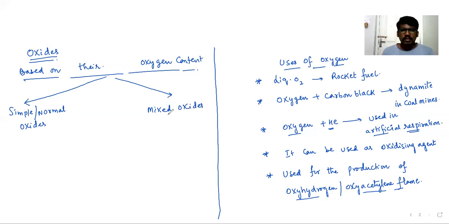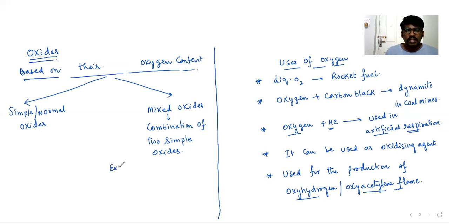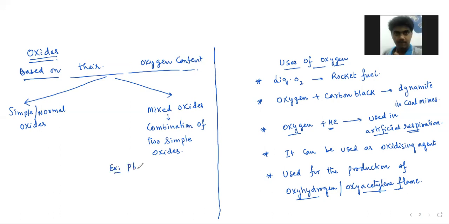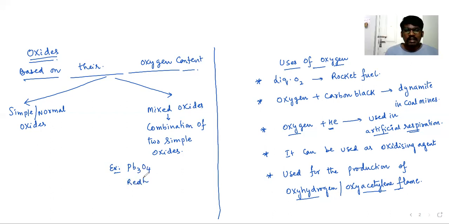Mixed oxides are a combination of two simple oxides. If you combine two simple oxides, you will get a mixed oxide. The best example you can take is Pb3O4. Pb3O4 is also called red lead.